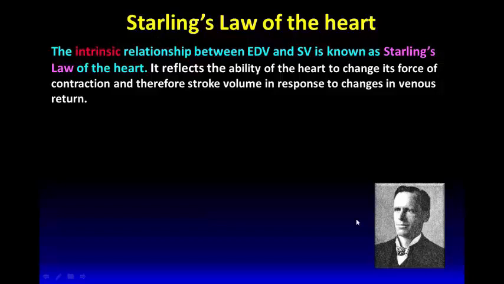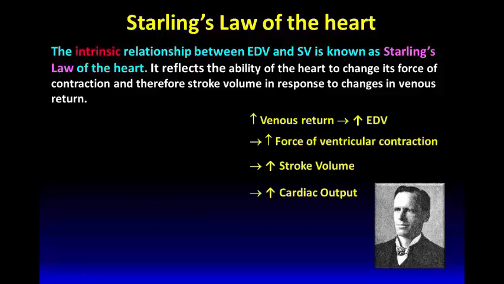It was first described by the physiologist named Starling. And this intrinsic relationship reflects the ability of the heart to change its force of contraction, and hence the stroke volume, in response to changes in venous return.